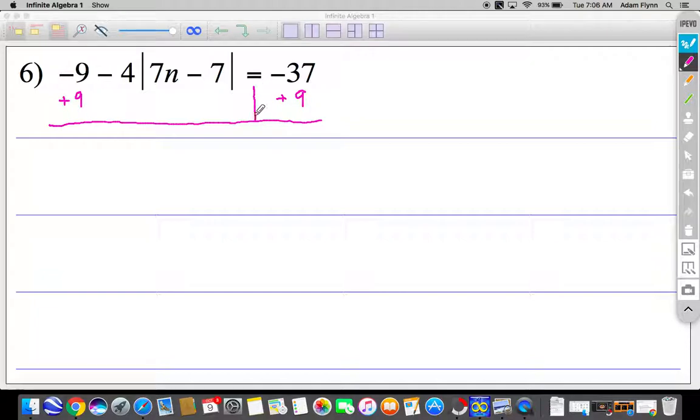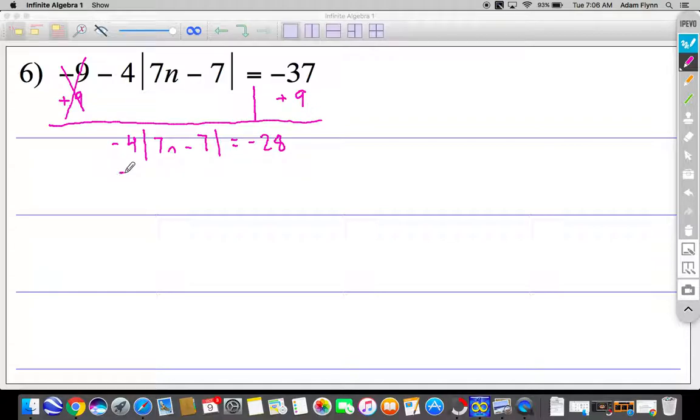So when I do that, negative 9 plus 9 cancels. So we are left with negative 4 times the absolute value of 7n minus 7 equals negative 37 plus 9, which is negative 28.